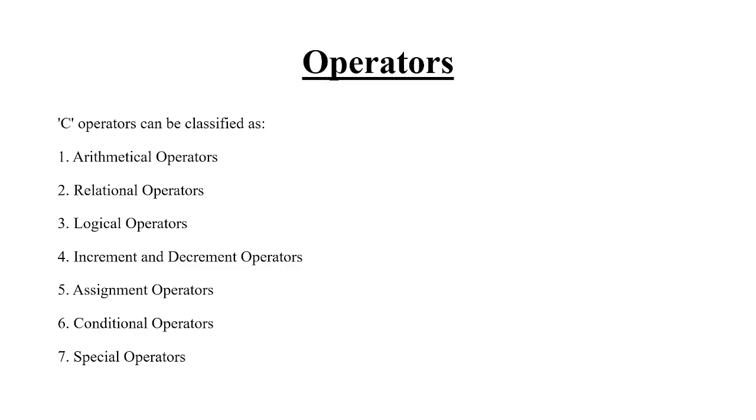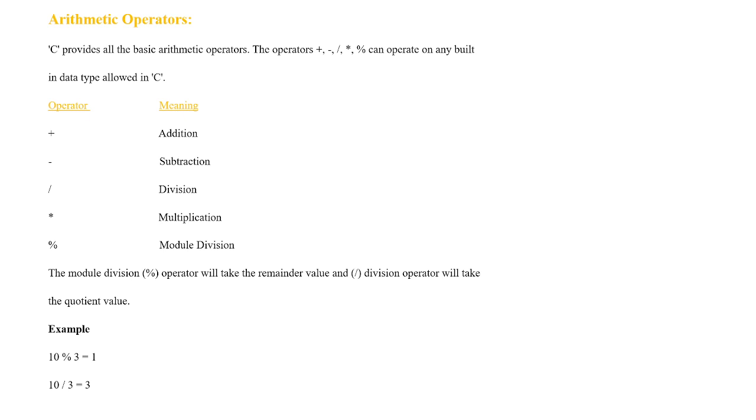Now we are going to present the different operators. We have listed out all these operators and we are going to see them individually. Arithmetic operators. Suppose you are using the plus symbol for addition, minus symbol for subtraction, slash symbol for division, asterisk symbol for multiplication, and percentage symbol for modular division, that is the remainder operator, then we term those operators arithmetic operators.